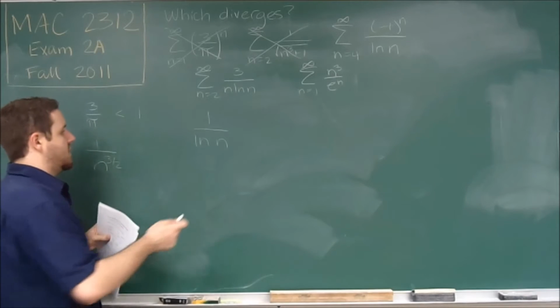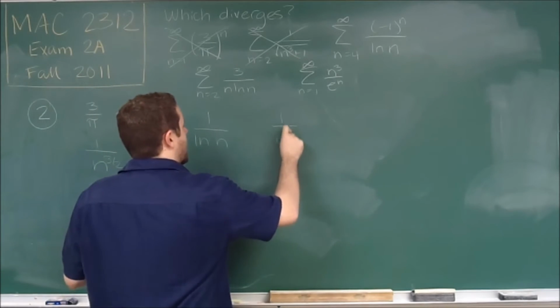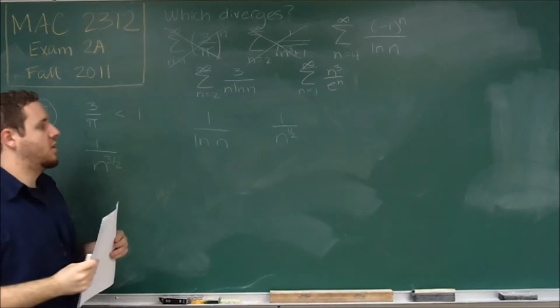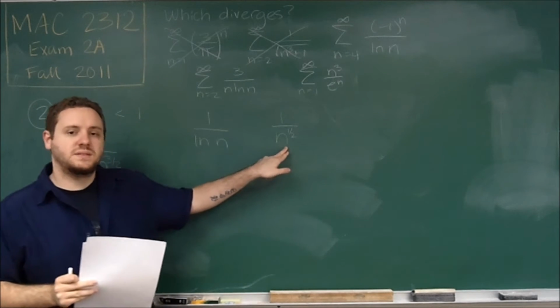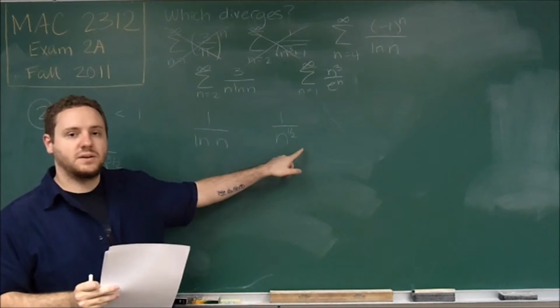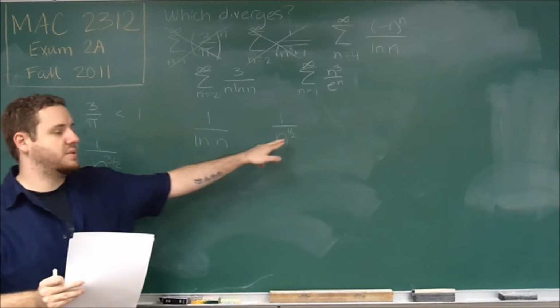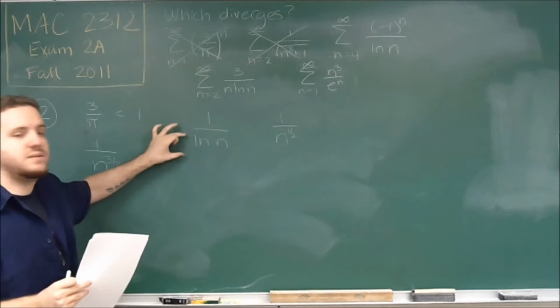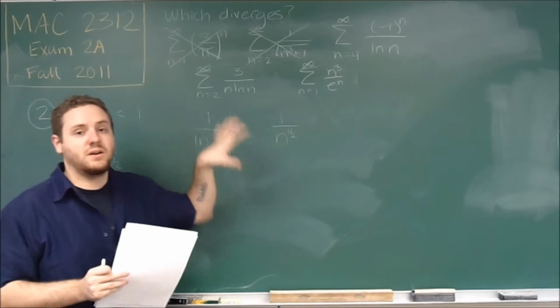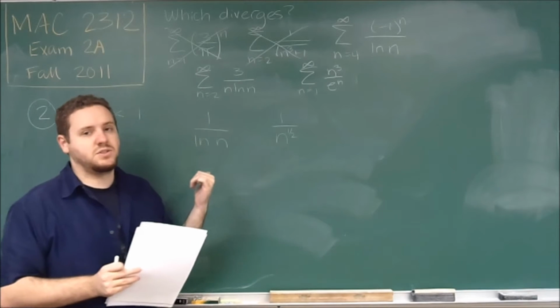And you could even test something like 1 over n to the 1/2. You definitely know that this series diverges because of the p series, but ln n is even smaller than n to the 1/2. So if the denominator is even smaller here, this is going to be even bigger, which certainly means that that's going to diverge too.